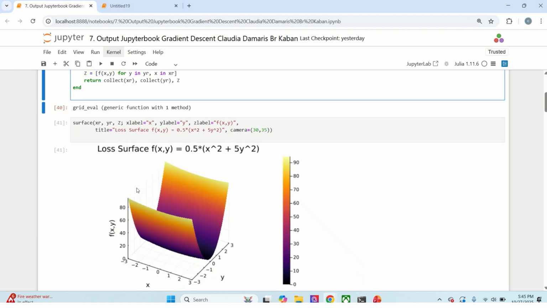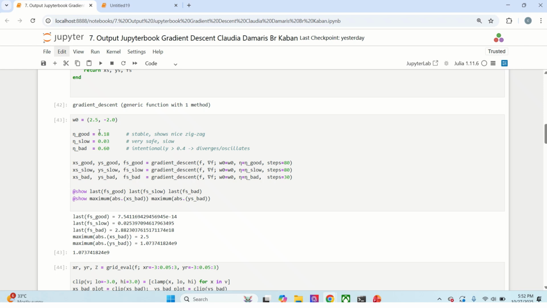And this is the 3D loss surface, a smooth convex bowl with a single global minimum of 0.0. So I test three learning rates. The first one is 0.18, which is closer to the stable rate of 0.40, and the second one is 0.03, lower than the stable learning rate, and it will show that the path will be slower.